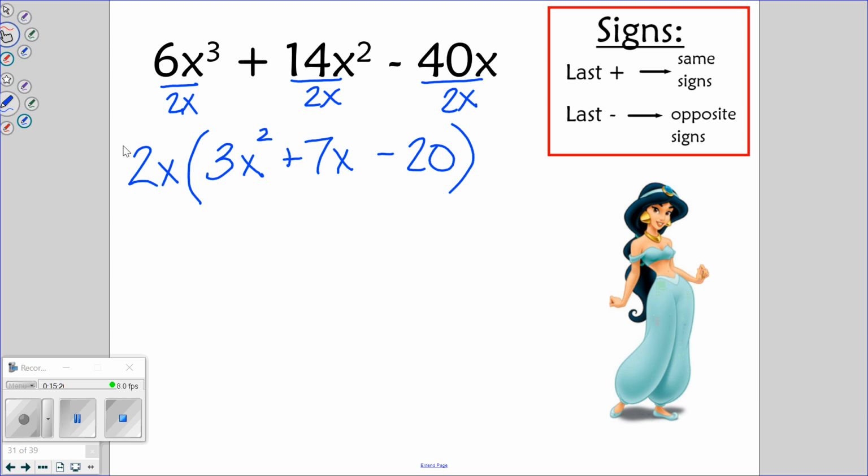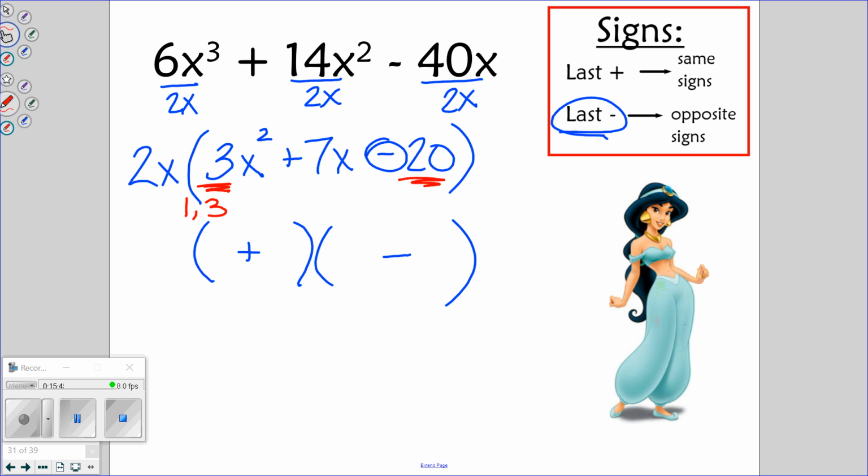All right, so there was step 1. Next, we're in the form x squared, x, number. Again, we've got to be in that form to even try to start going further. Last one's negative. One's plus, one's a minus. They're opposites. All right, options for A, options for C. Okay, so we have 1x and 3x. 1 and 20, 2 and 10, 4 and 5. 4 and 5.